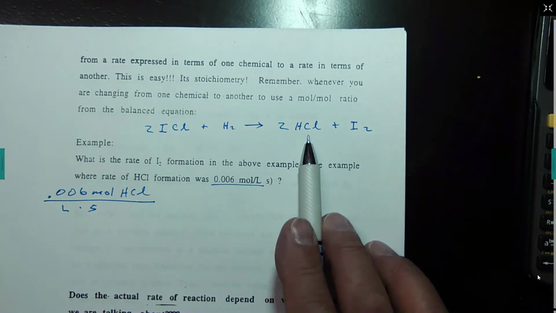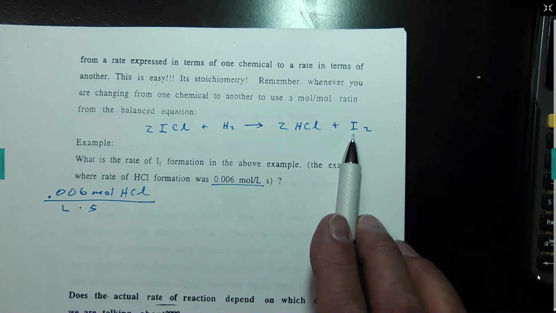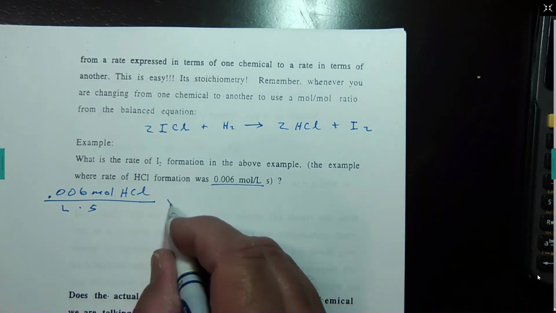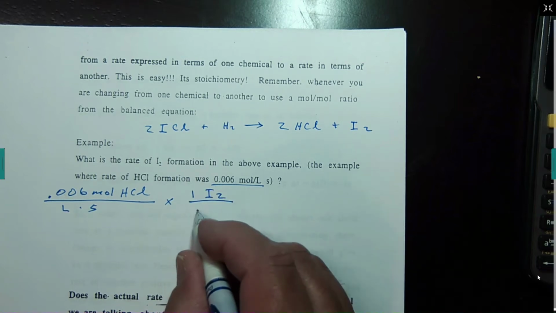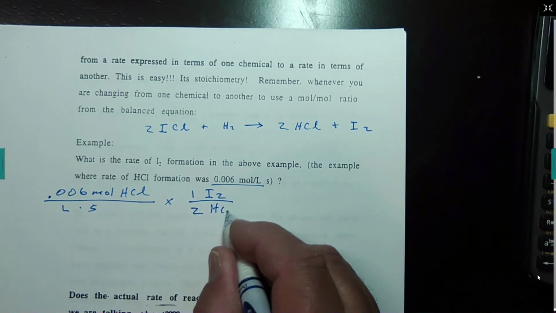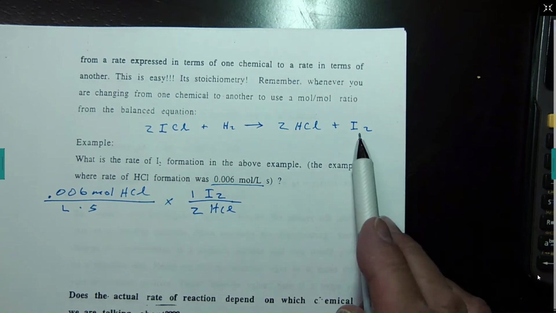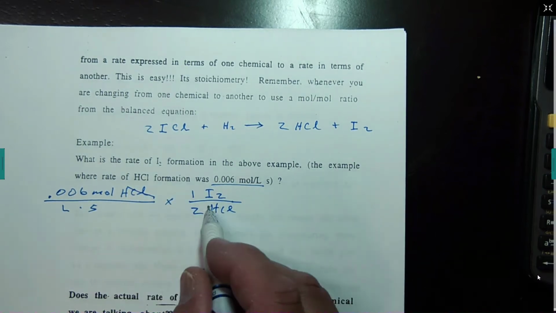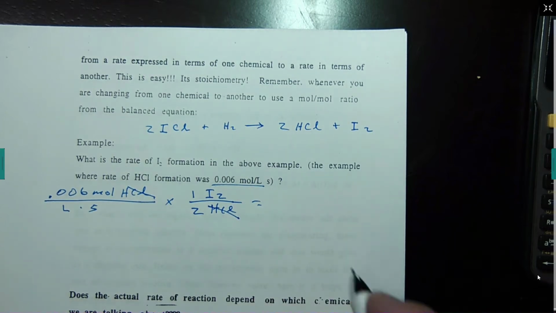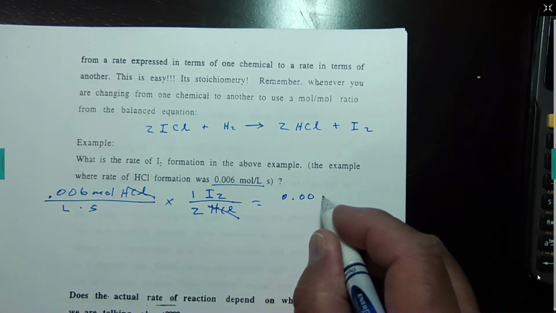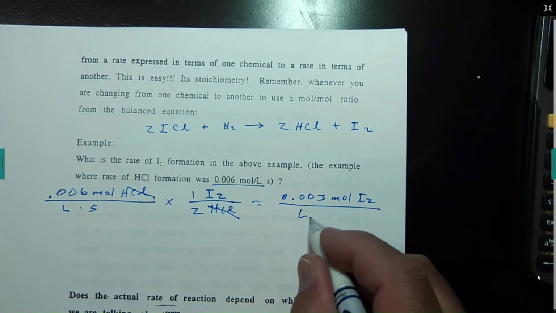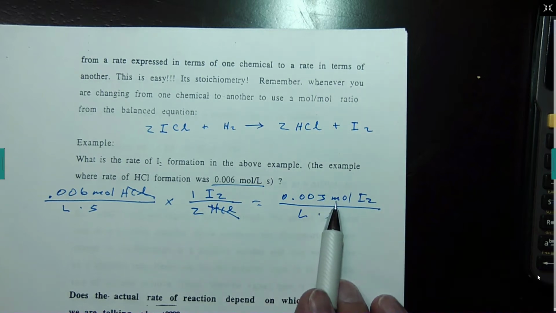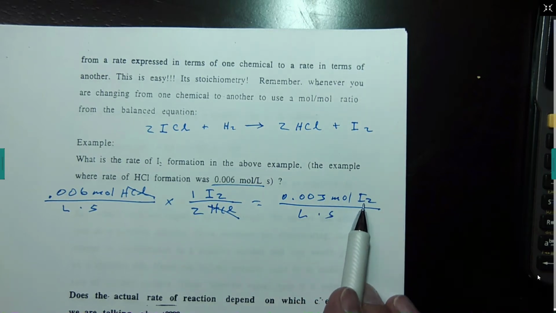How fast are you making this stuff? Use a mole-to-mole ratio. Simple stoichiometry. Turns out you get 1 I2 for every 2 HCl. So one of these for every 2 of these. Notice how the HCl cancels out, and it's going to give you 0.003 moles of I2 per liter per second. So that's how fast you're producing this chemical. That's the rate at which you're producing iodine.